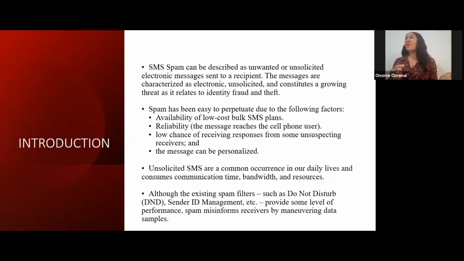You have the email version, you have the link version where they send you a link to click and all of that. But today our focus is on SMS spam. Now, one of the reasons why this practice is so rampant is because SMS spam is used as a marketing strategy for commercial purposes.